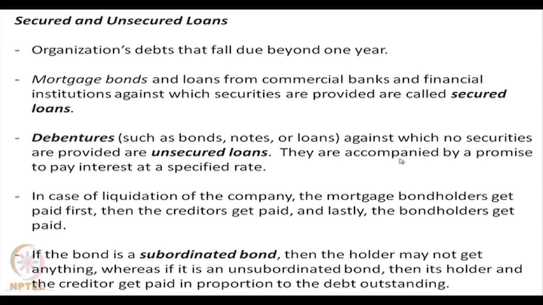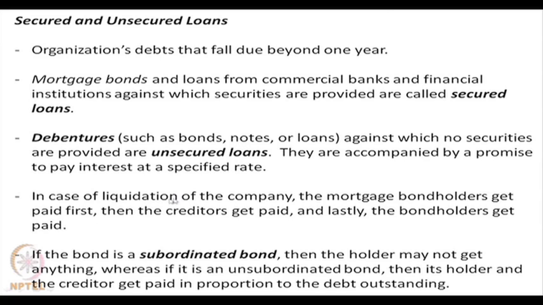Normally, they are accompanied by a promise to pay interest at a specified rate. So, sometimes they are called promissory notes, and sometimes instead of writing unsecured loans, we also write notes payable.